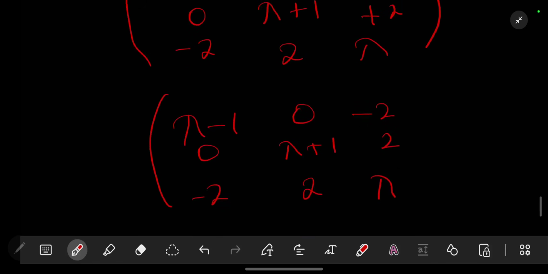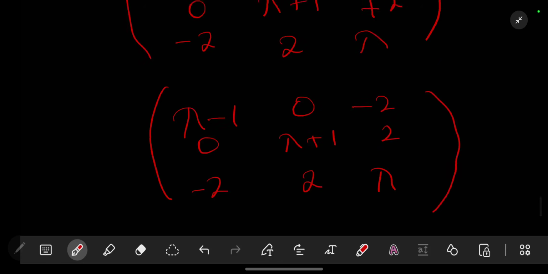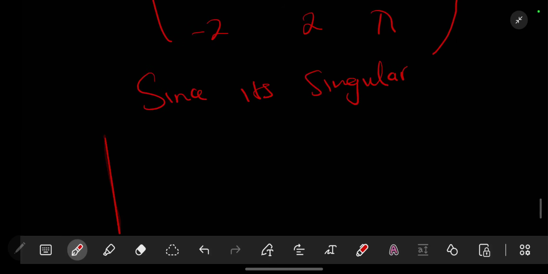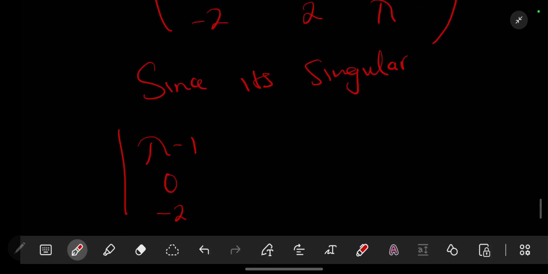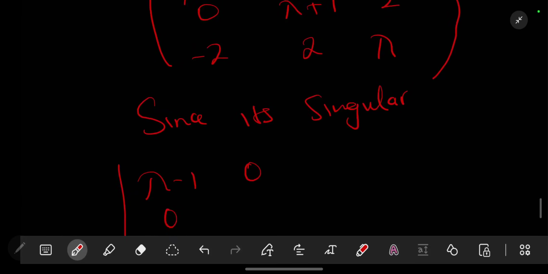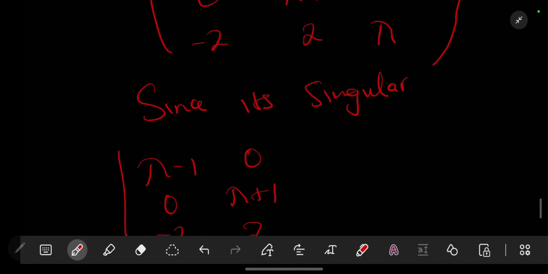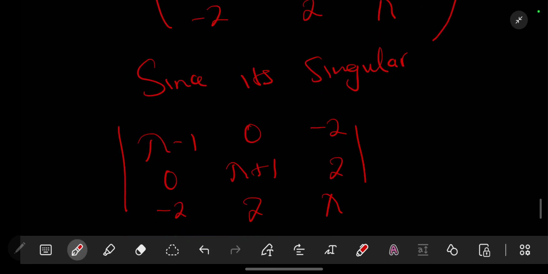Now after you have done this, just know that since the matrix is singular, that means the determinant of it, which is lambda minus 1, 0, negative 2, 0, lambda plus 1, 2, negative 2, positive 2, lambda, should be equal to 0.